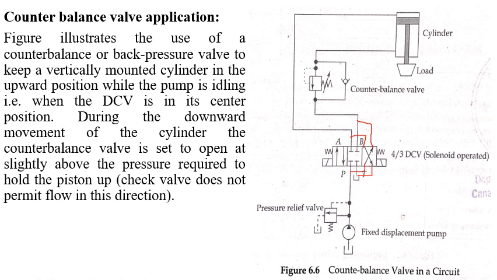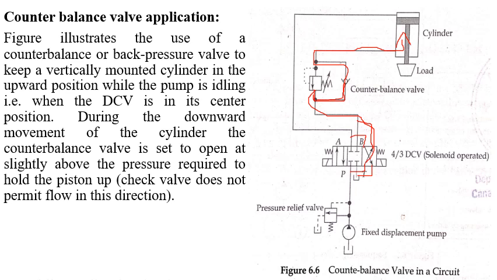So when the 4 by 3 direction control valve is shifted to right mode, oil flows from the pump end to the rod end. Look at here, there is some restriction, so it takes the path like this. At the check valve there is a free flow and it goes to the rod end. And in this direction also there is no flow, it goes like this.